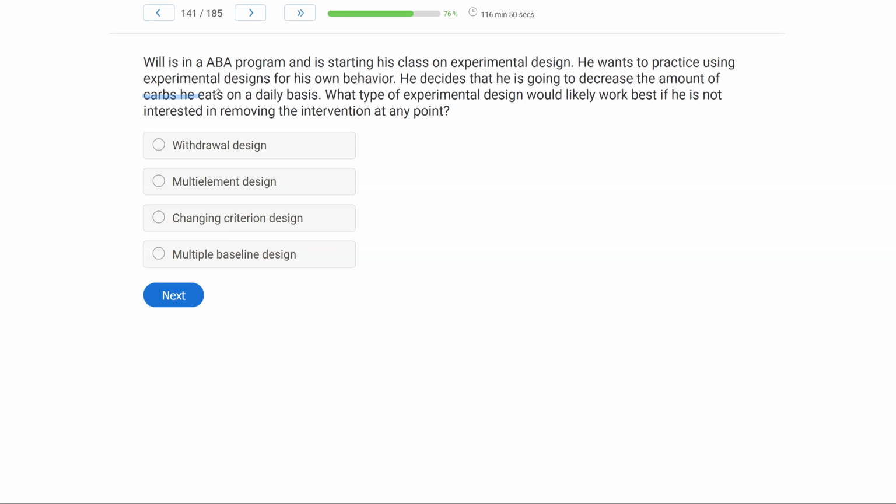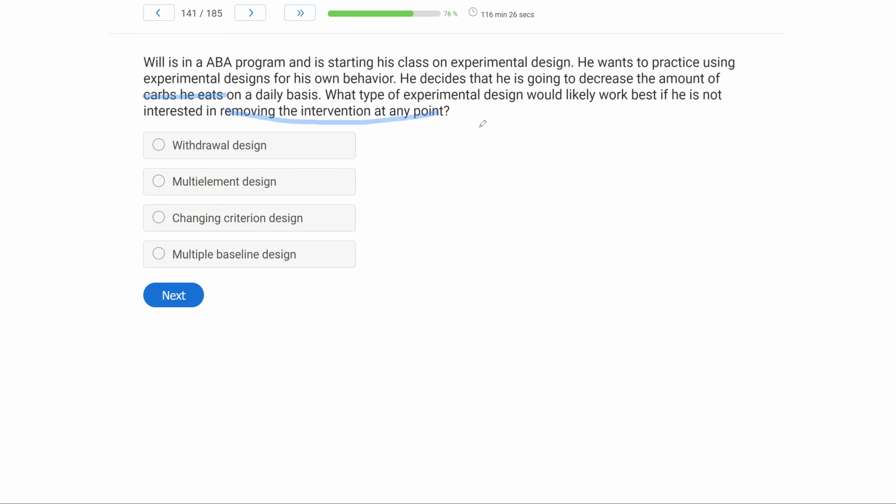It's eating carbs. So when you see an experimental design question that is looking to increase or decrease an existing, solitary behavior without multiple settings, multiple participants, and multiple interventions, start thinking changing criterion designs. Because in this case especially, Will does not want to remove the intervention.